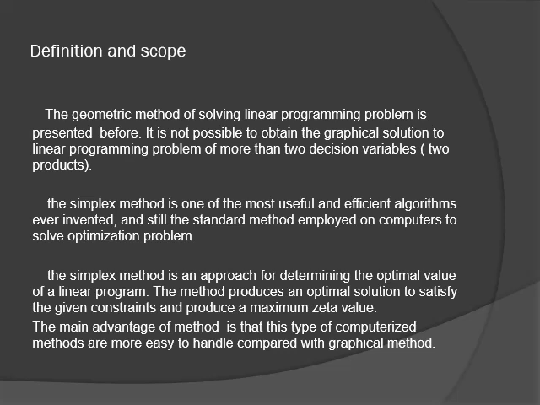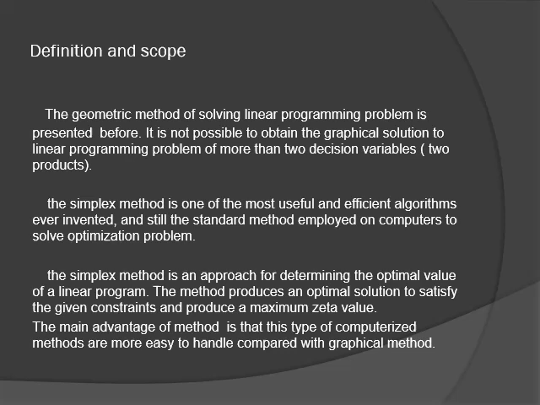Simplex method is an approach for determining the optimal value of a linear program. The method produces an optimal solution to satisfy the given constraints and produce a maximum zeta value.